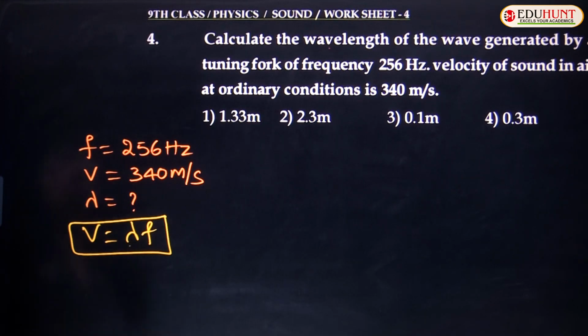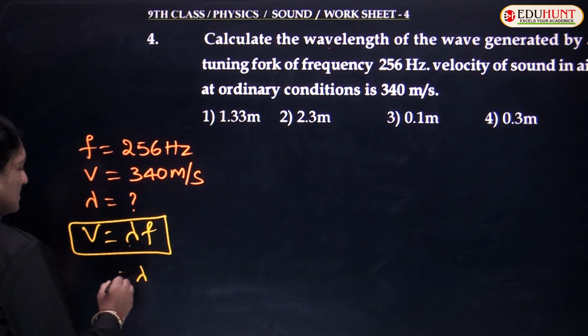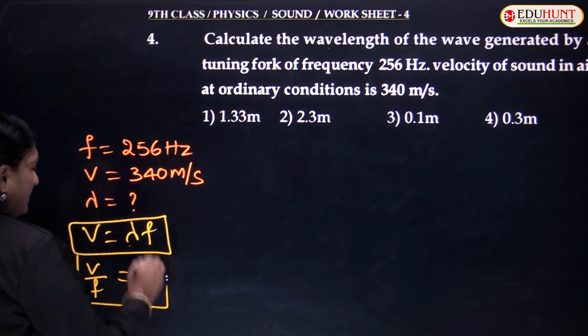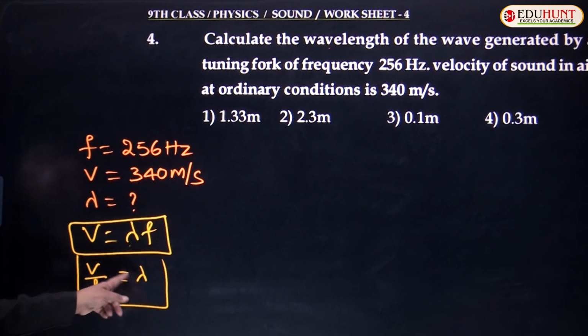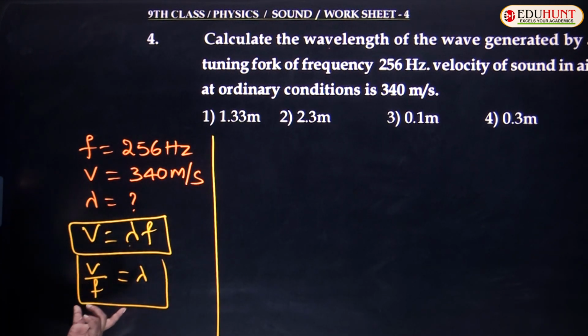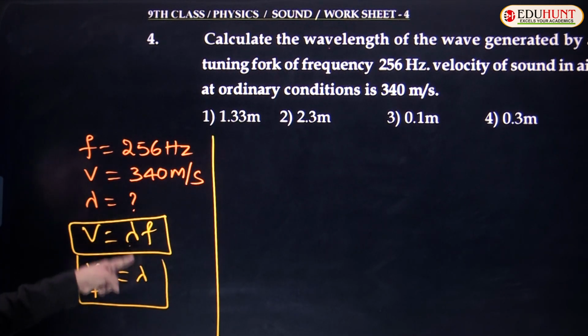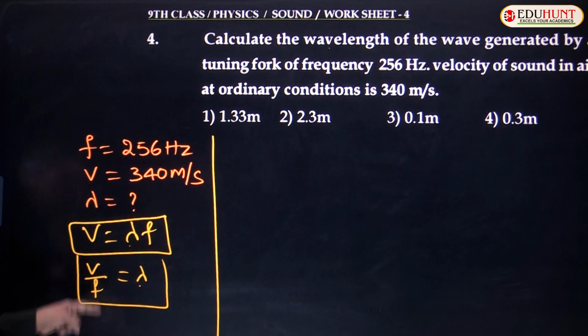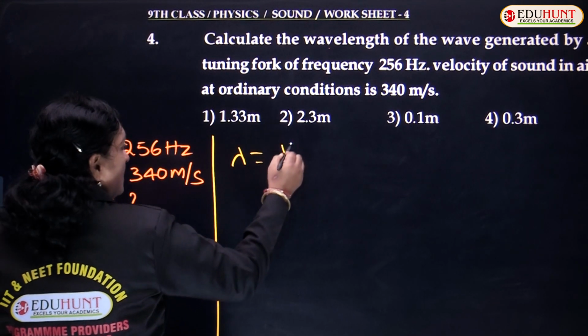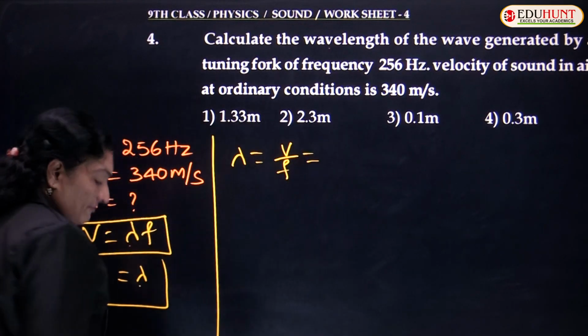In order to find out the value of lambda, you bring f here. It will become v by f. So lambda is equal to v by f. Is that true? As you want to find out lambda, you have to substitute the values. Lambda must be equal to v by f.